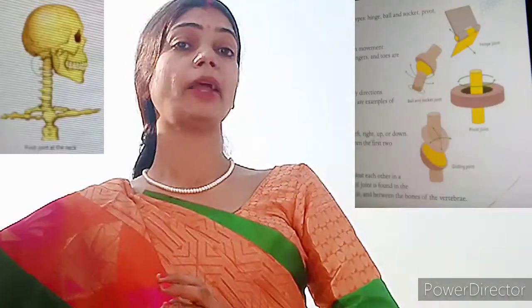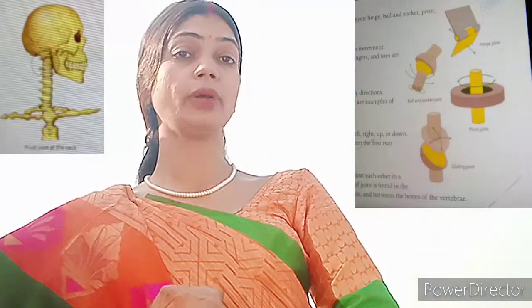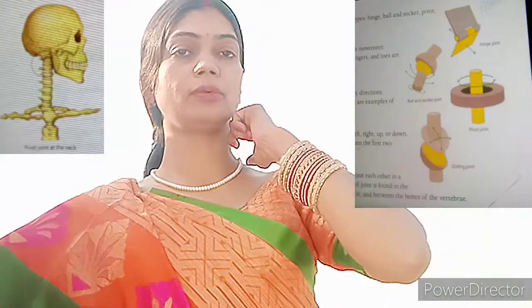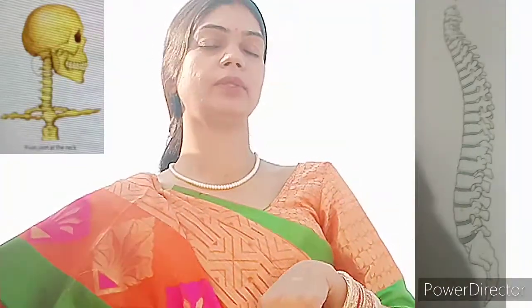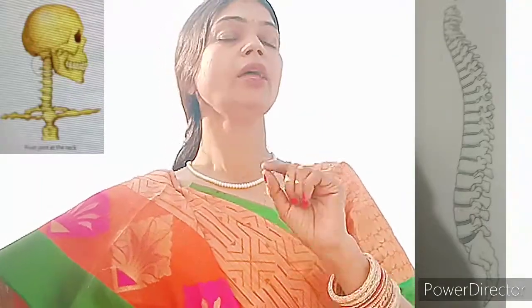Next is the pivot joint. The joint at the first two vertebrae. The backbone is made up of single bones, each called a vertebra, and many together are called vertebrae.